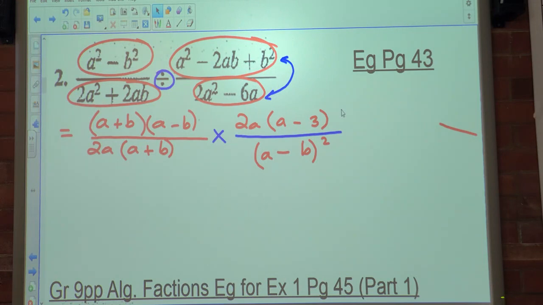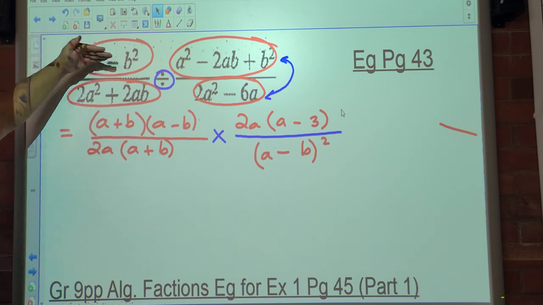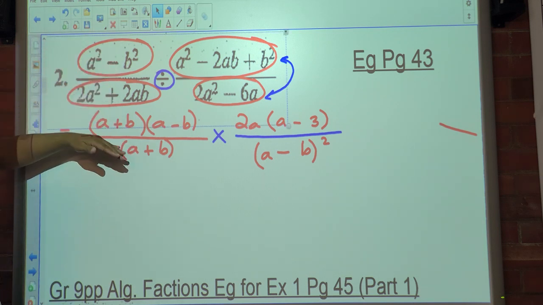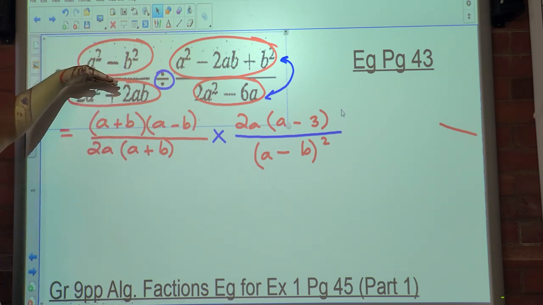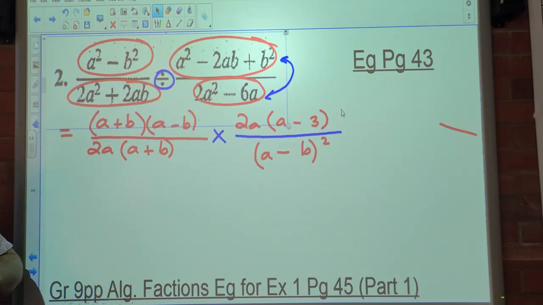So what can be done now? We can simplify. We can cancel. Again, people, if you can't move from here to here, the problem is not algebraic fractions, the problem is factorization. Okay?